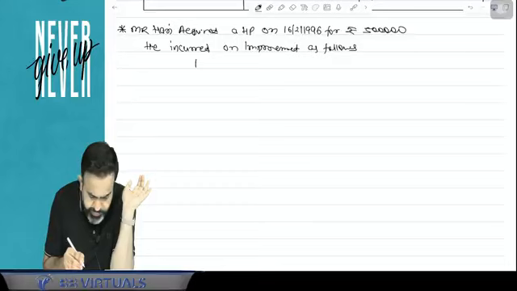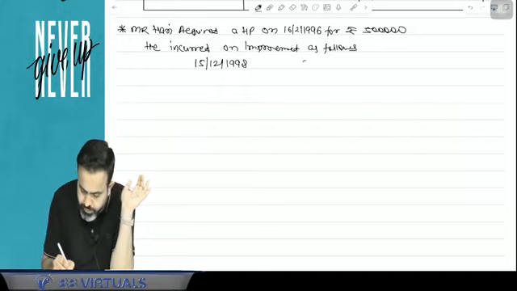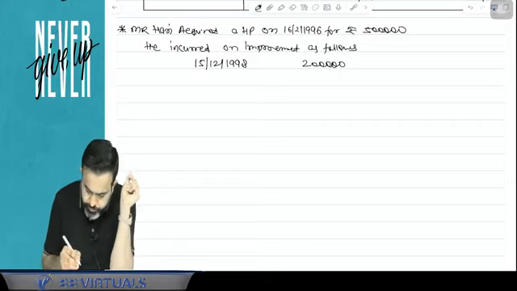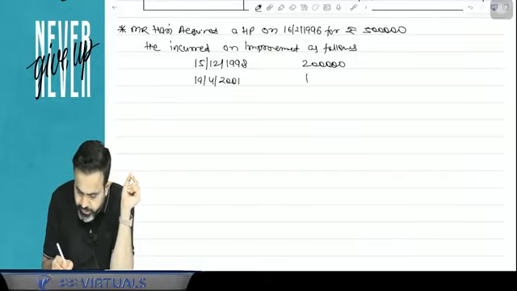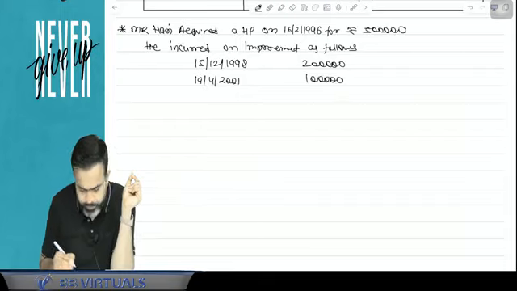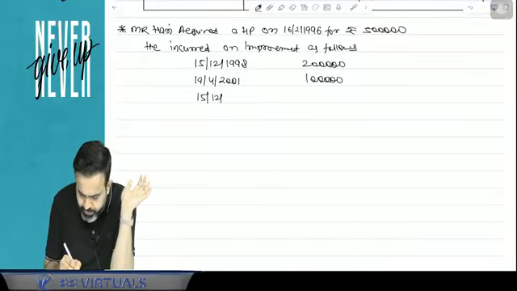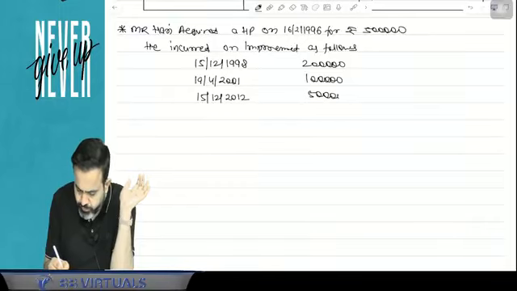First, on 15 December 1998 he spent 2 lakh for the improvement. Now on the 19th of April 2001 he spent 1 lakh rupees. On the 15th of December 2012 he spent 5 lakh rupees.